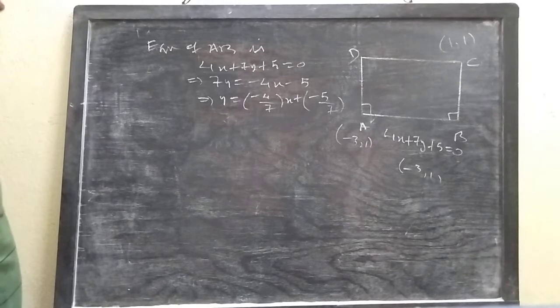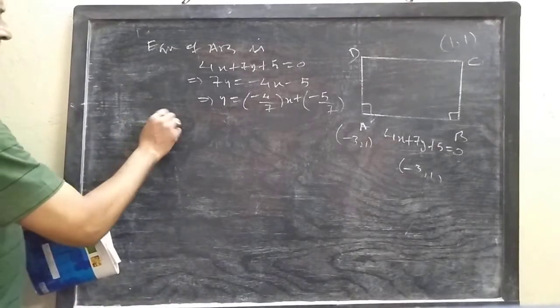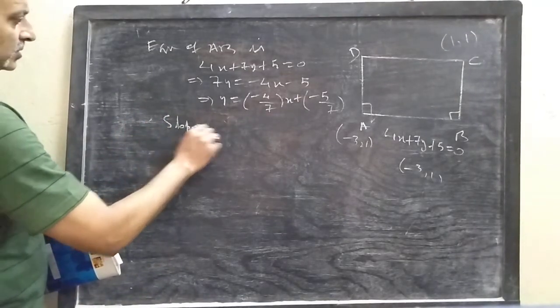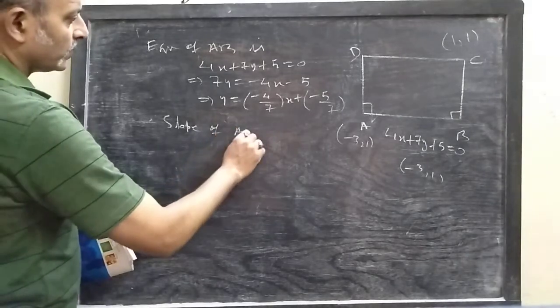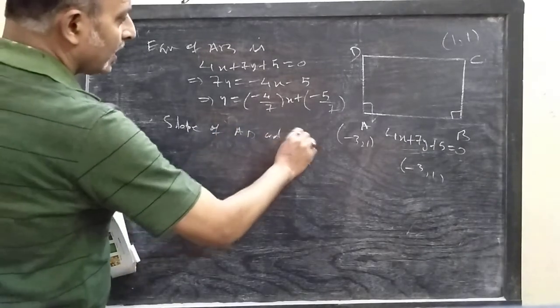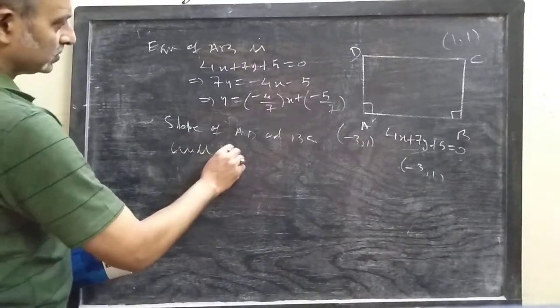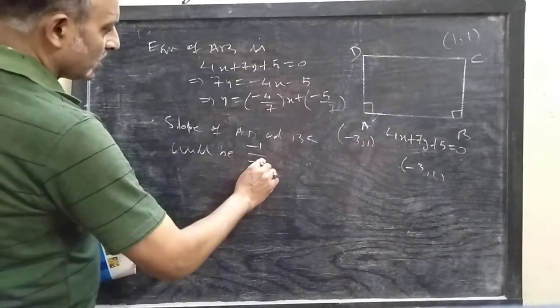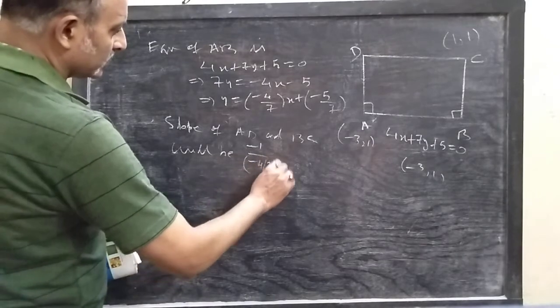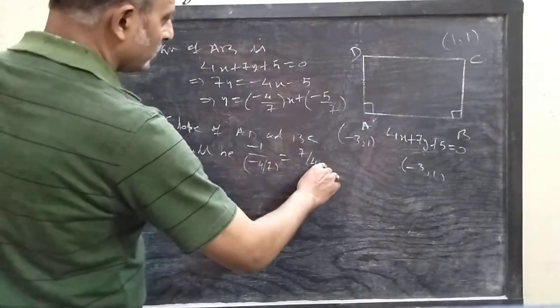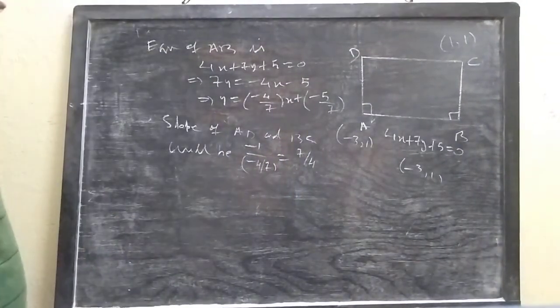So this is the slope of AB. Therefore, the slope of AD and BC will be minus 1 by minus 4 by 7. So this will be 7 by 4. Both AD and BC will have slope 7 by 4.